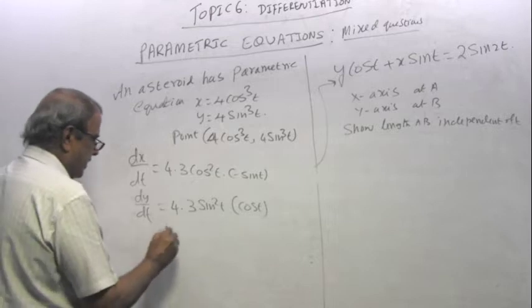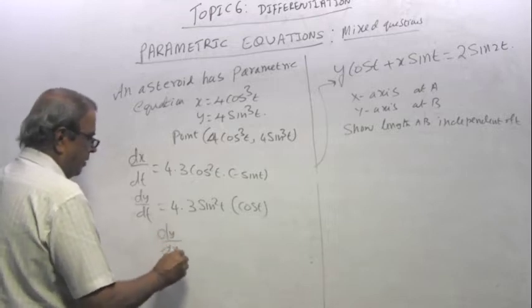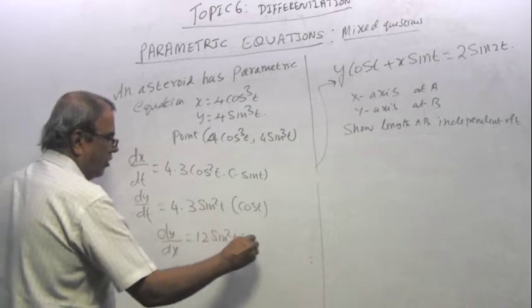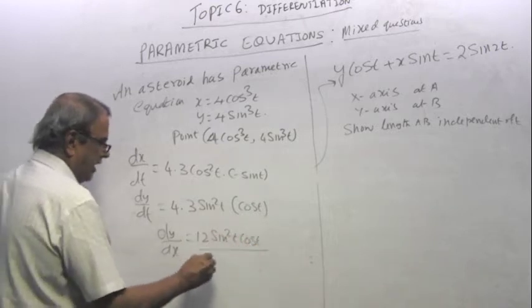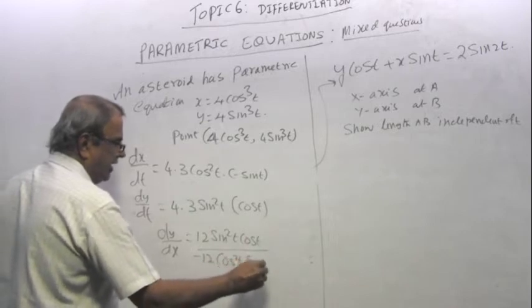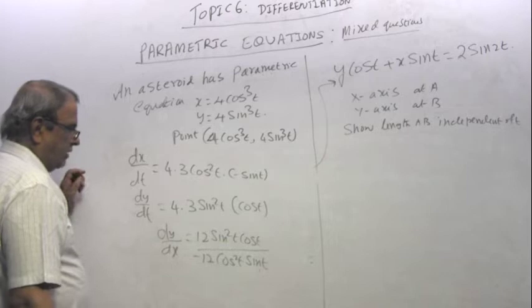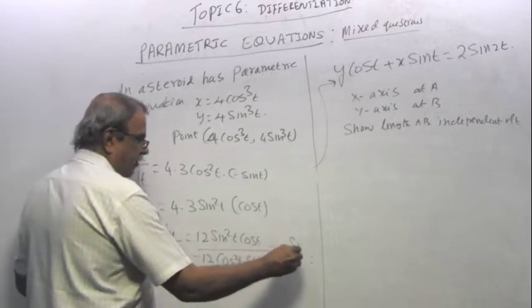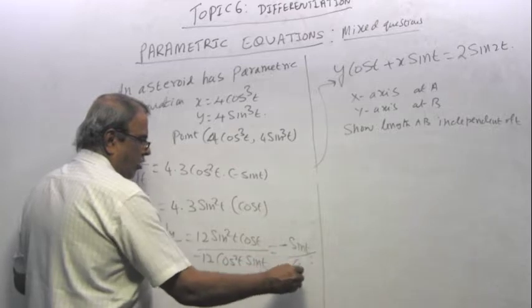Divide one by the other, so dy by dx equals 12 sin squared t cos t divided by minus 12 cos squared t sin t. Well, 12 and 12 cancel, cos and cos cancel, so I get minus sin t over cos t.